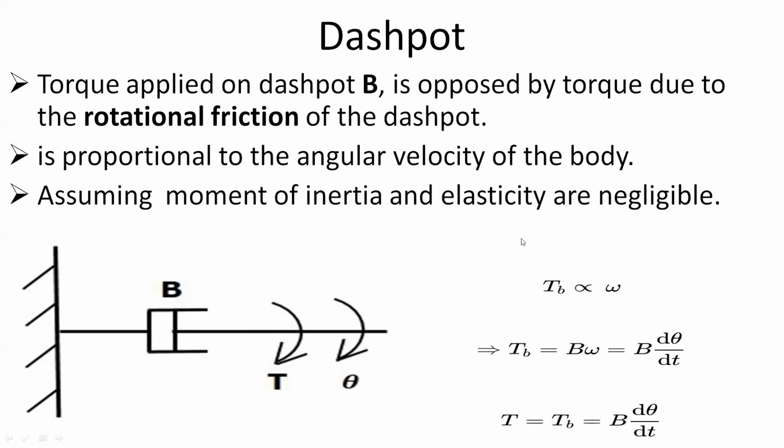Again, moment of inertia and elasticity are assumed negligible. So Tb is proportional to omega, where omega is the angular velocity, theta is the angular displacement, B is the rotational frictional coefficient of the dashpot, and Tb is the opposing torque due to the rotational friction of the dashpot. So ultimately we get T equal to the opposing Tb, that is B into d theta by dt.